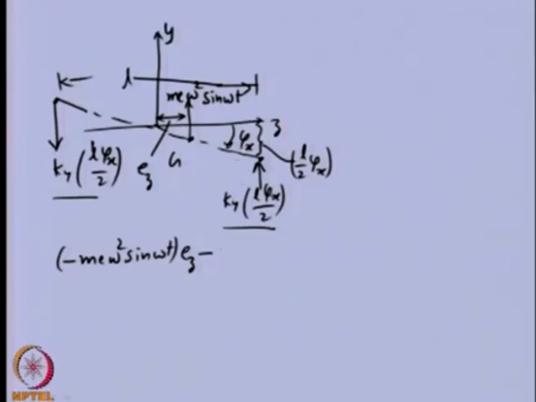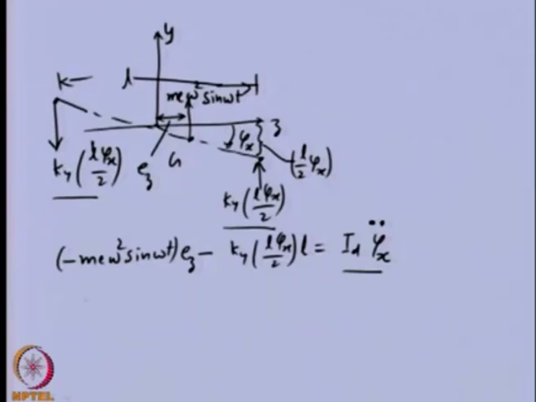So, we will be getting k y L phi x, this is the force into the moment arm L, should be equal to I phi double dot x, because it is tilting about its diameter about the x axis. So, this will be the rotary inertia.